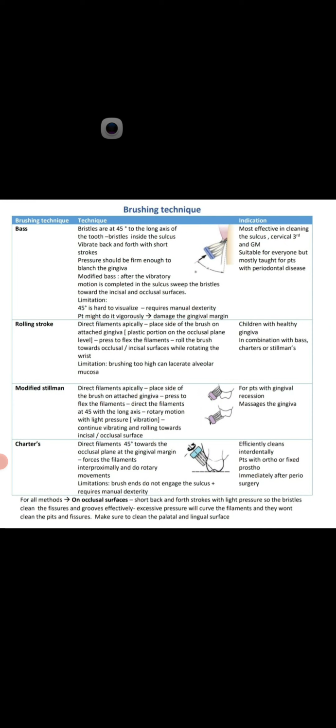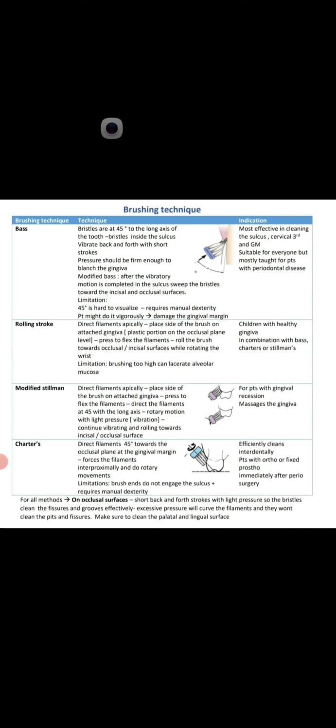What is the difference between modified Stillman and Bass? First, in Bass, bristles are at 45 in the gingival crevice, look at the diagram. But in modified Stillman, the bristles are at 45 on the attached gingiva. Next, in Bass we give back and forth motion, but in modified Stillman we give rotary motion and rolling toward the incisal and occlusal surface.